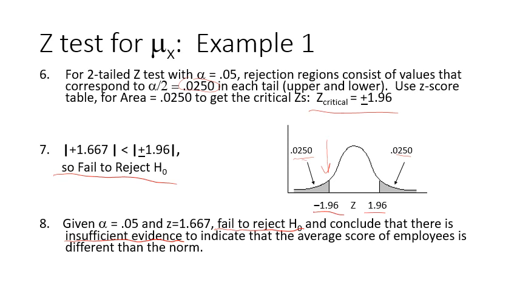You should never, when you fail to reject, use the word significant. We'll get to that when we reject in a little bit, but when you fail to reject, never use the word significant in your step 8. Insufficient evidence, that's the appropriate way to state it if you fail to reject.